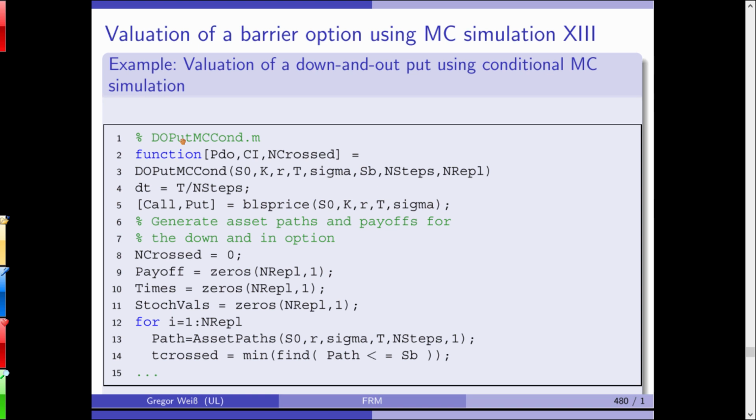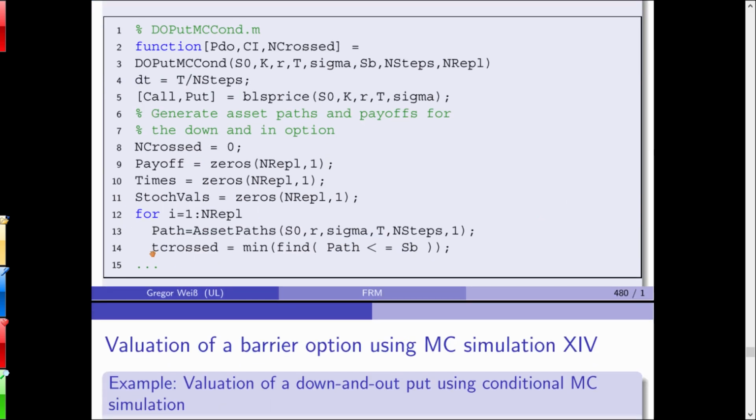We are generating the asset paths. Now we are not interested in the terminal values of the asset, but we only need the point in time at which the option is knocked in. So here you can see T cross is minus find path smaller or equal than SB. So we are trying to find the index in time at which point the option is knocked in.